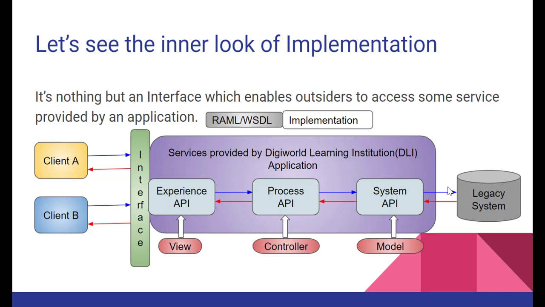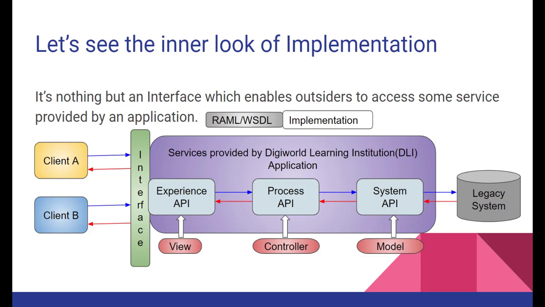The organization's internal data, which is exposed through the services provided by our application, whatever layout is expected by the clients or any other application outside of our organization, that layout or representation of the data is handled by the experience API, right?